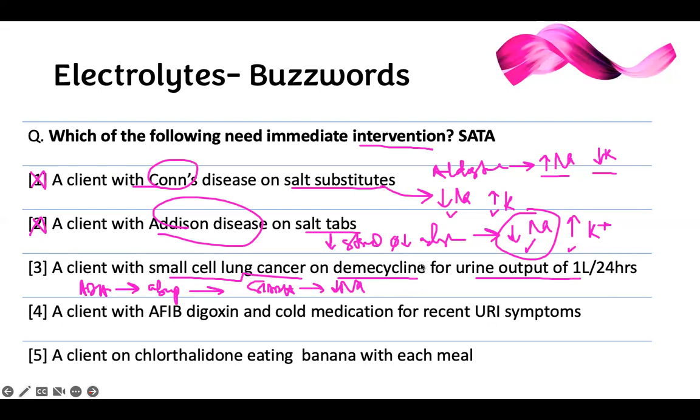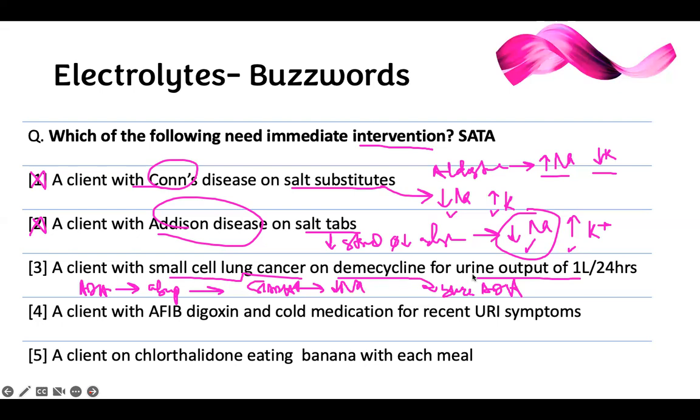What is demeclocycline? It blocks ADH. It starts with the D of desmopressin, and desmopressin is ADH. Demeclocycline blocks ADH so that I don't absorb water anymore, and that is one of the treatments of SIADH.